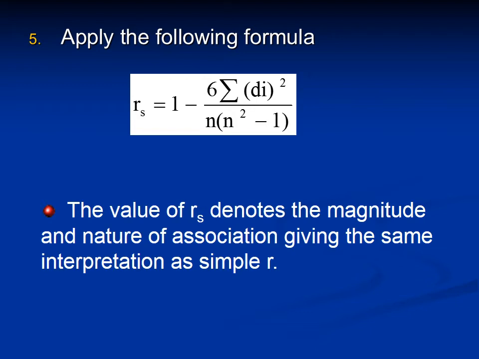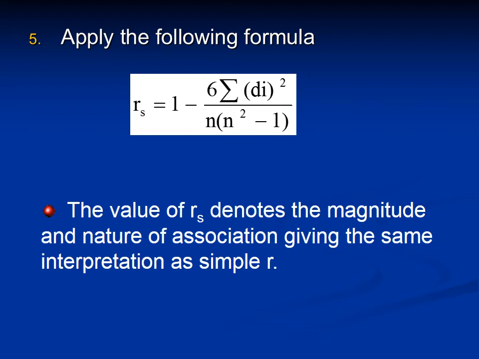The value of RS denotes the magnitude and nature of association, giving the same interpretation as the simple R. So the way we interpreted the correlation coefficient R is the same way we interpret Spearman's rank correlation RS. The interpretation does not change.